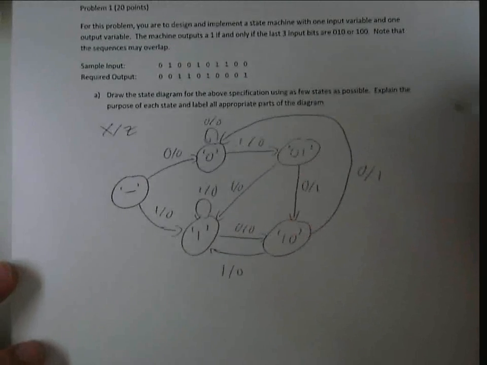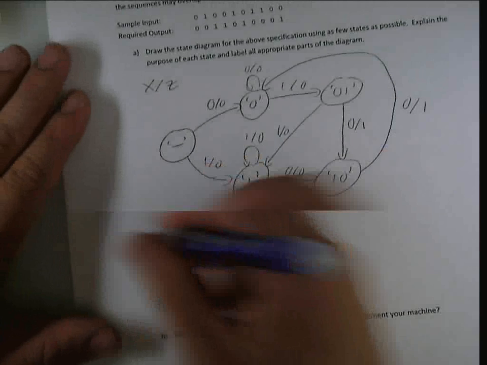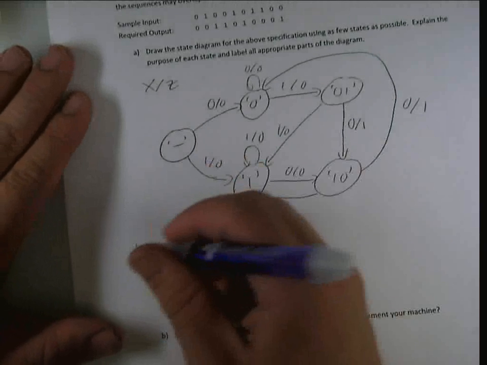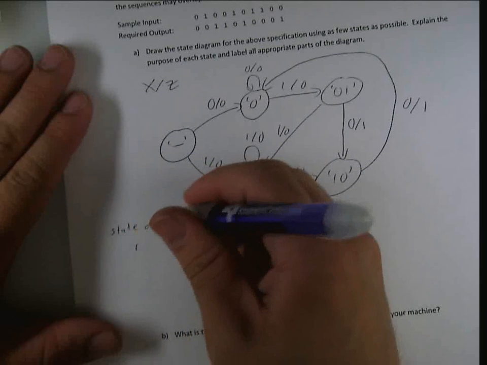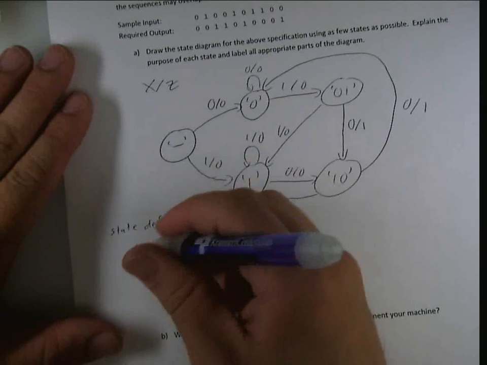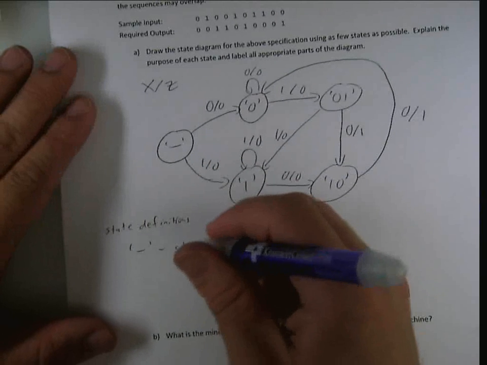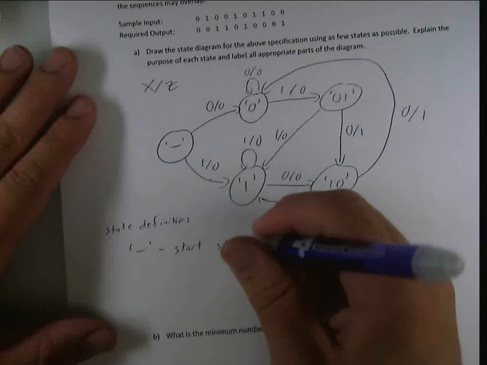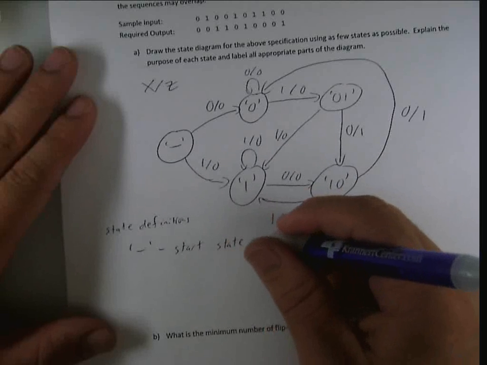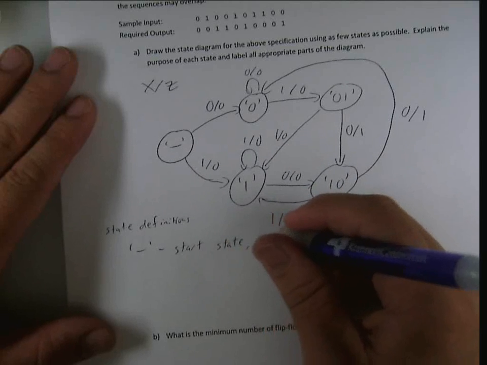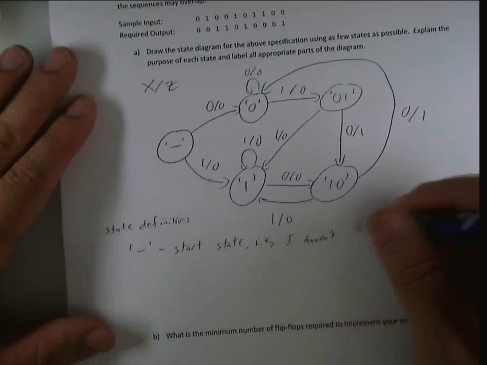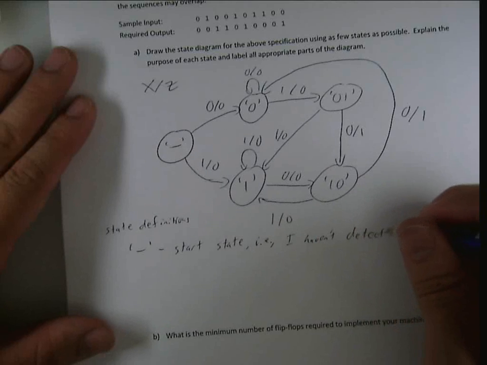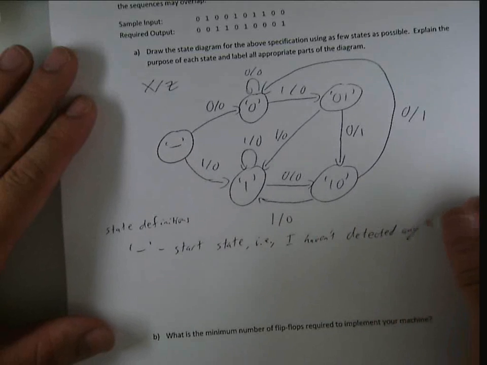And so my state diagram is complete, and I want to make sure I define my states. So state defs: start state, i.e. I haven't detected anything yet.